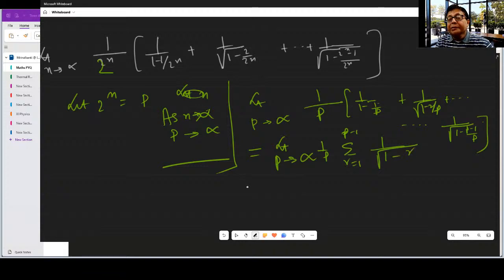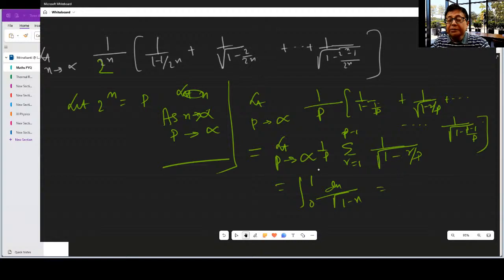This is r by p. Okay? P is variable, r by n you have replaced by x, so here also replaced by x. This is dx, by 0 to 1.